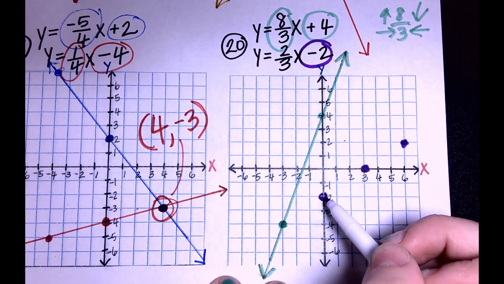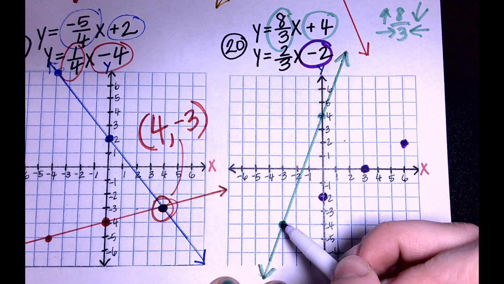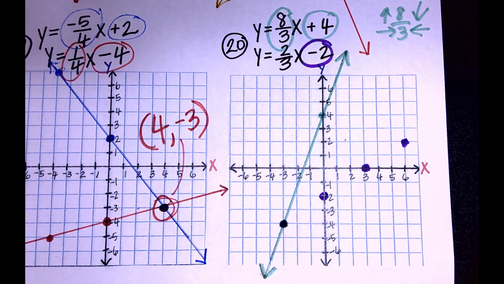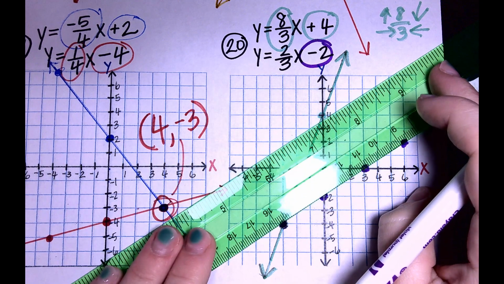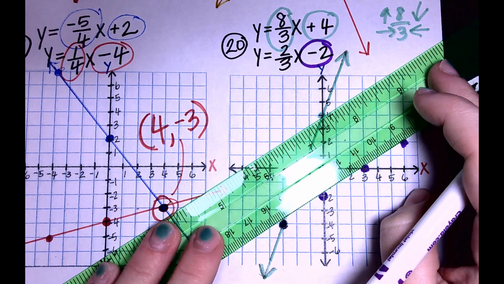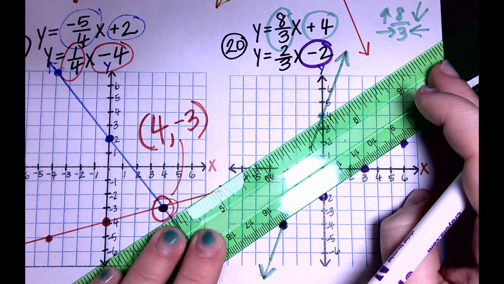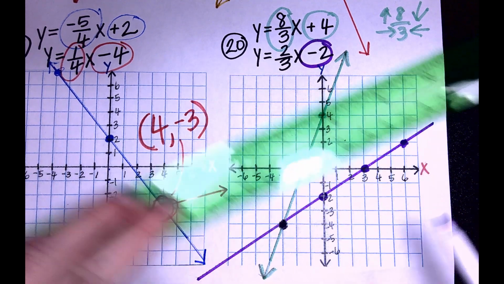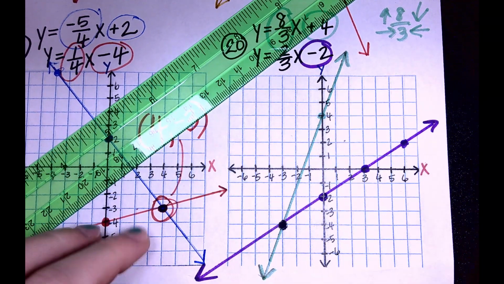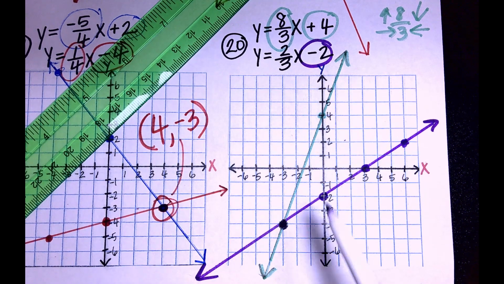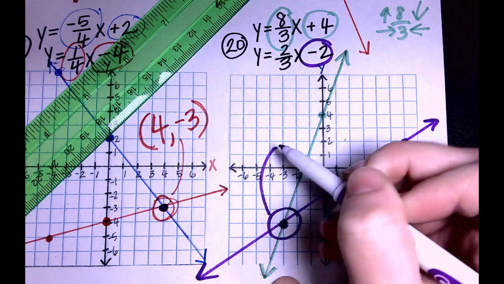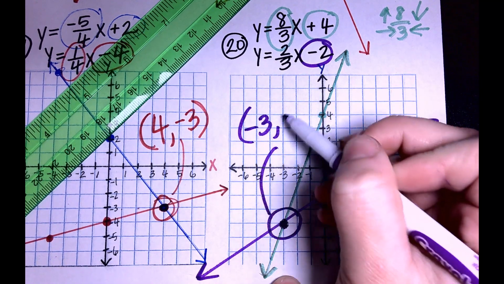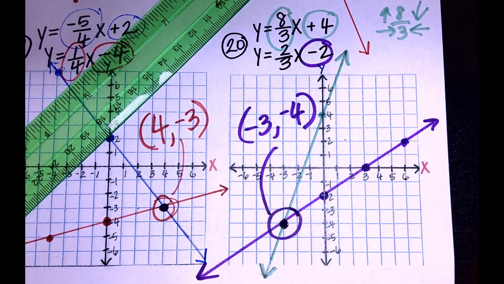I could also go down to left 3. Oh, and that would land right on my other line. Look at that. I'll connect my dots. And what is my intersection? What's my solution? Yes, negative 3 is my x value, negative 4 is my y value.